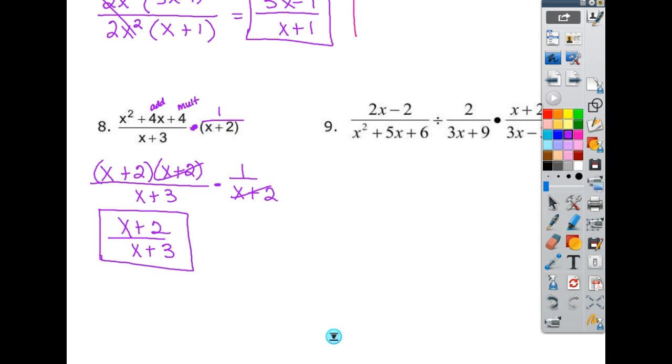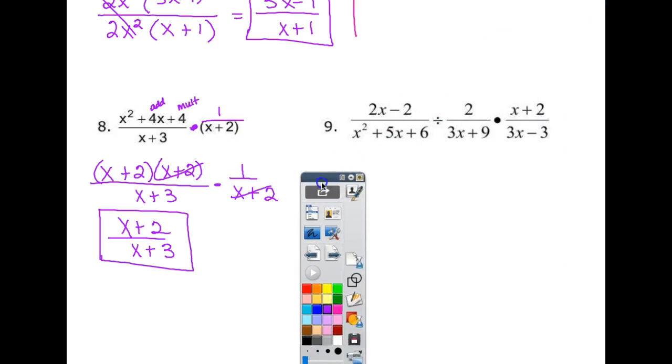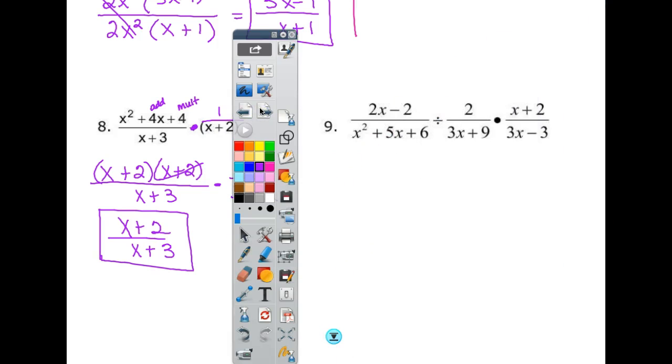Okay? Okay, so here, it looks messy, but it's not too bad. I promise. Okay, on the top, in the numerator, well, how do those factor? They'll both divide by 2. And so we get x, what? Minus 1.